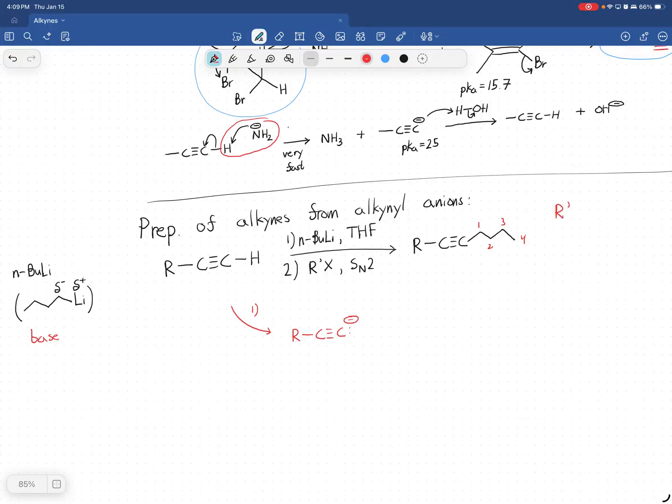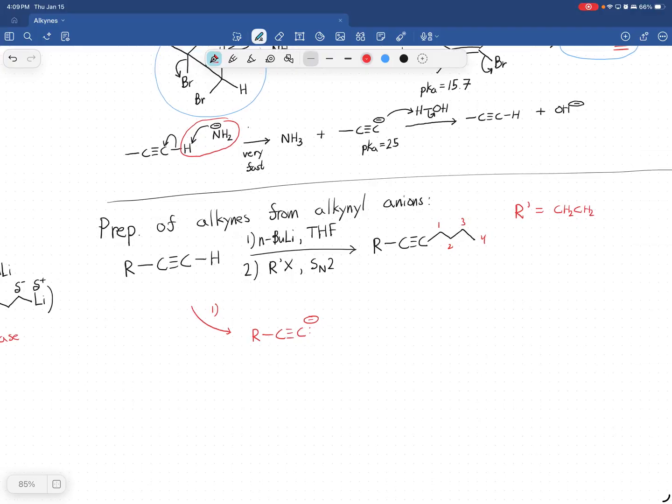Here, RX. So R prime, we're just going to make that equal to butyl: CH2, CH2, CH2, CH3. Okay? So it equals this group here.